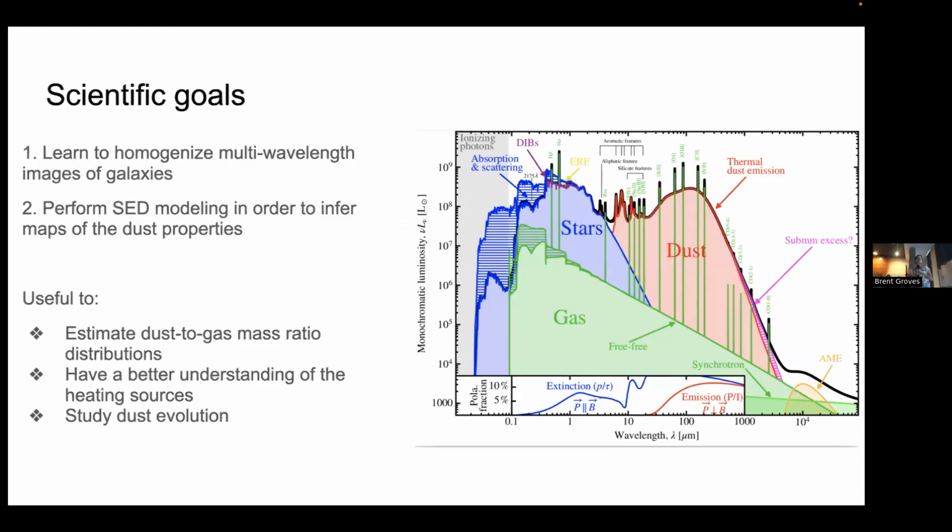For the scientific goals, we have 2 main goals. The first one was to learn how to homogenize images of galaxies at multiple wavelengths and to build spectral energy distributions.